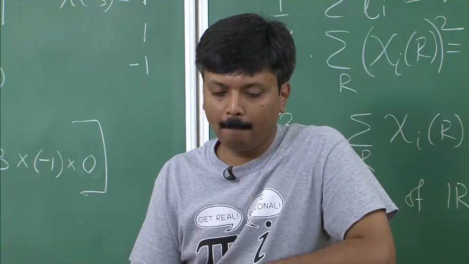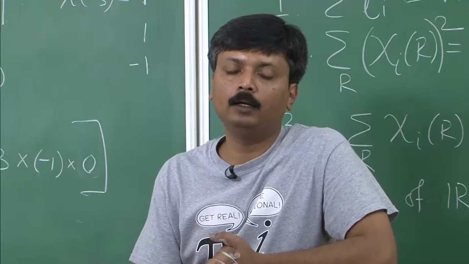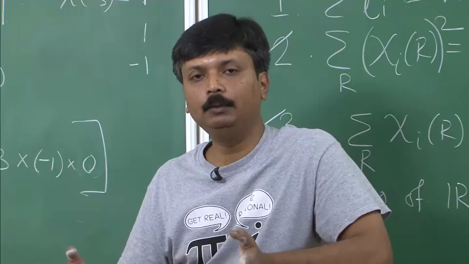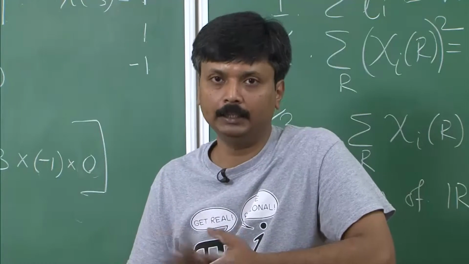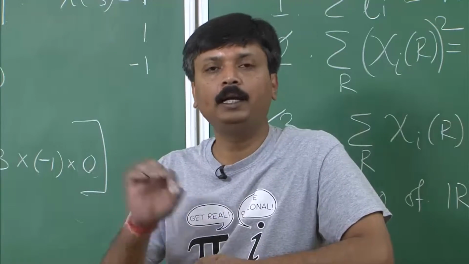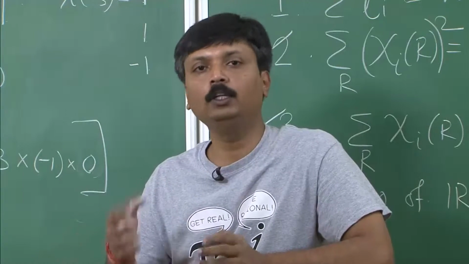And so far we have been talking about forming the matrix, but actually without forming any matrix you can still find out the character of the representation, and ultimately this is the character which you want. Okay, if you even do not form the matrix, if you get the character, then your job is done.